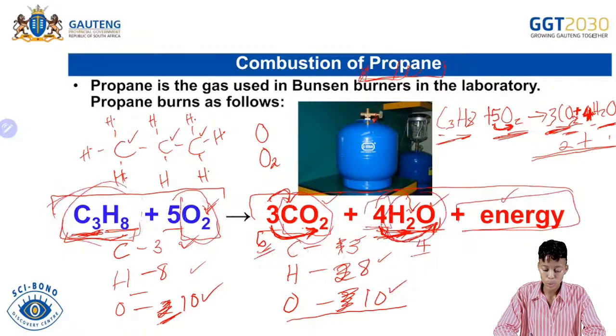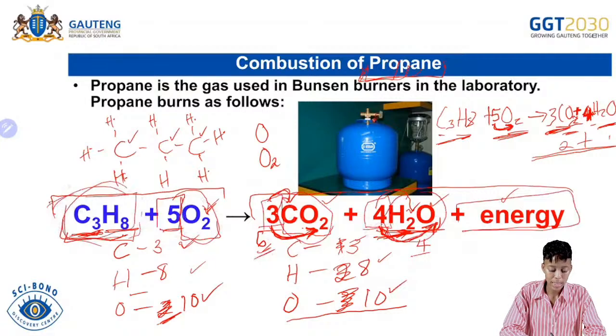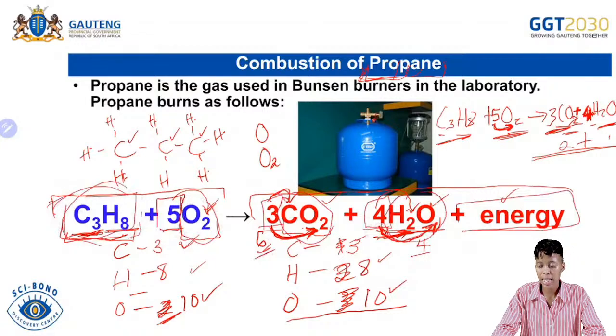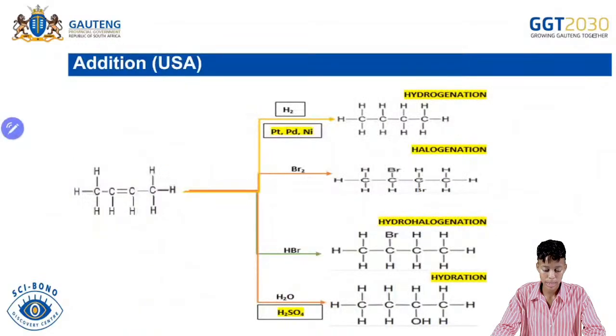Again, what will also change will be the coefficients, because you are going to be balancing different alkanes and different what? Alkenes.